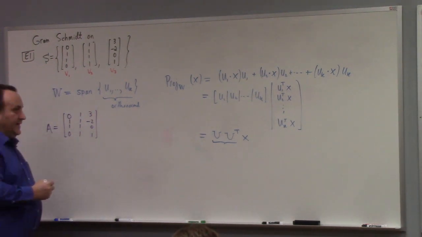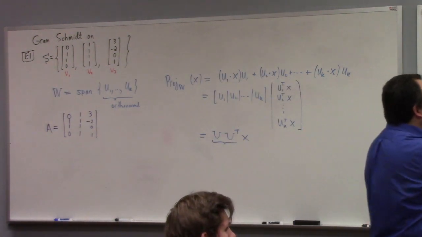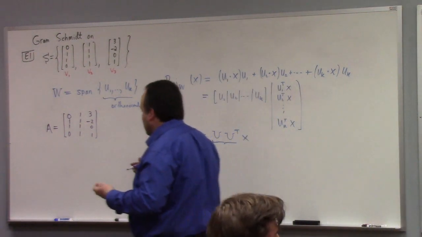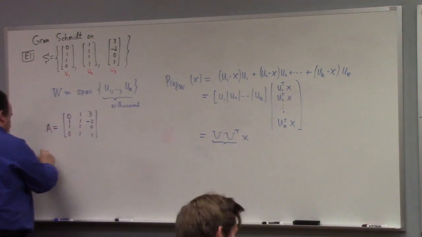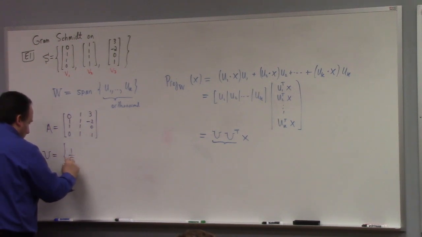We know that the set of vectors I have on the middle board form an orthonormal basis for the column space of A. So we have U equal to 1 over root 2.